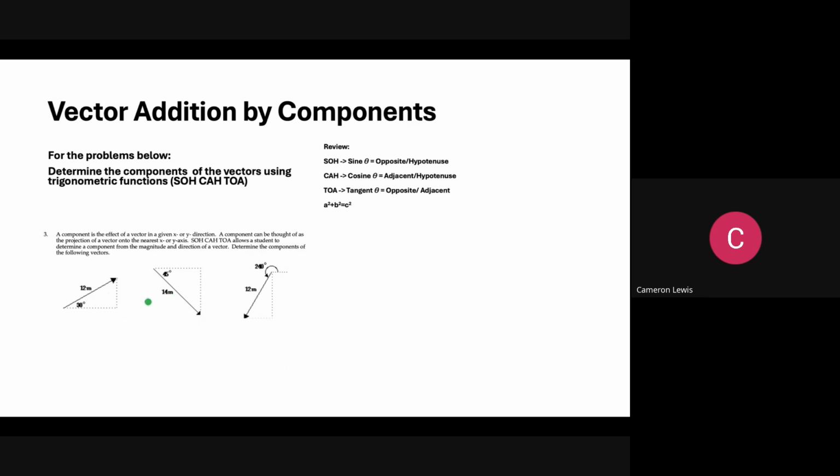So on this first one, I'm going to pull it out over here. I have my original vector, right? It's going to have 2 components. This is me making my triangle, right? I know I have a 12 right here. And then this is 30 degrees. So when I make it, I know that this is a right angle. So what does this other angle have to be?